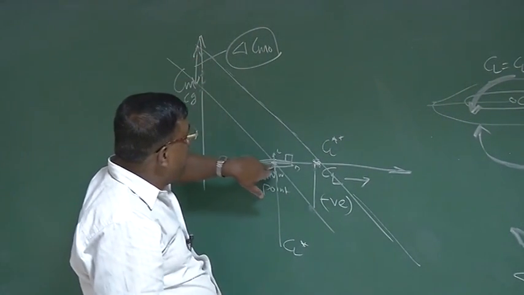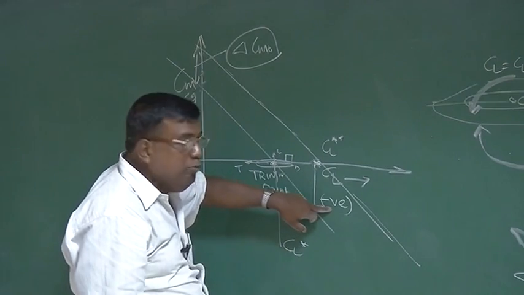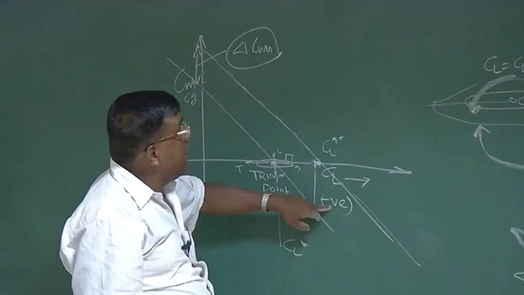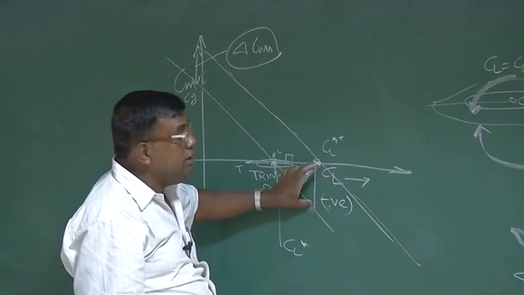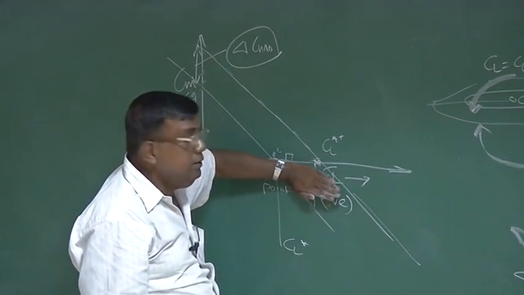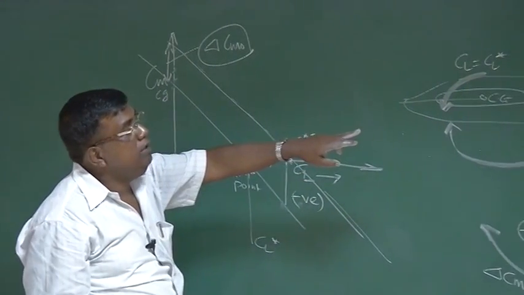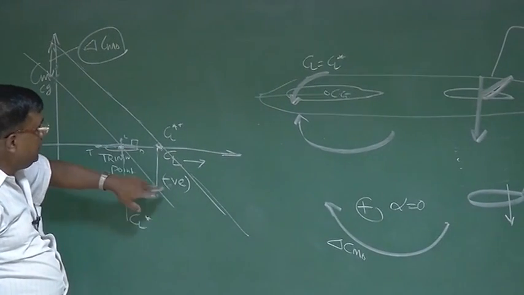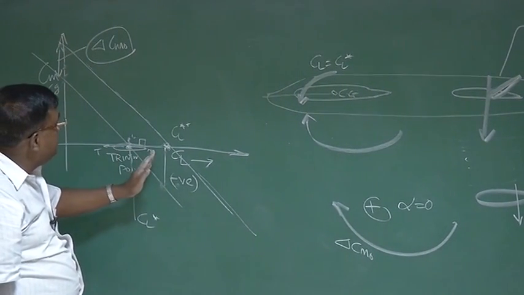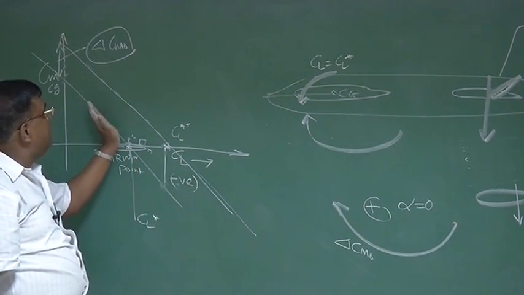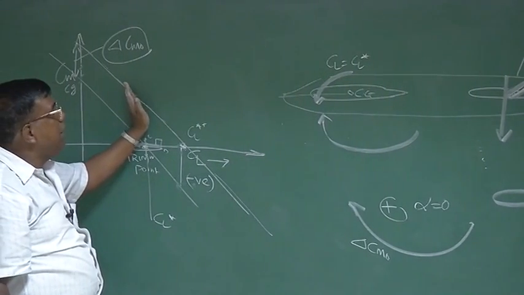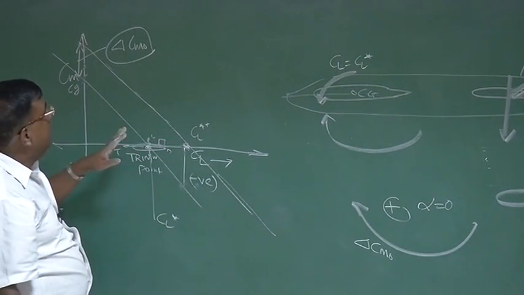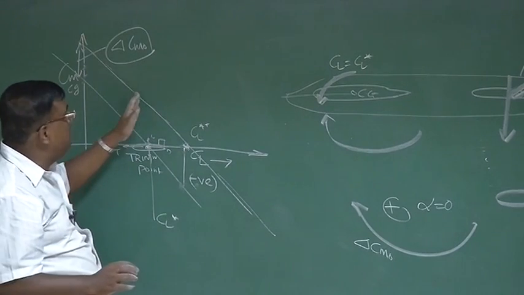If I want to go from here to here, the aircraft will generate negative moment. That means I have to generate a positive moment equivalent to this, so that this is countered. I give an elevator deflection up, that counters it, and that is how this graph gets shifted from here to here. Please note that by giving elevator deflection, the stability has not changed, the slope remains same.